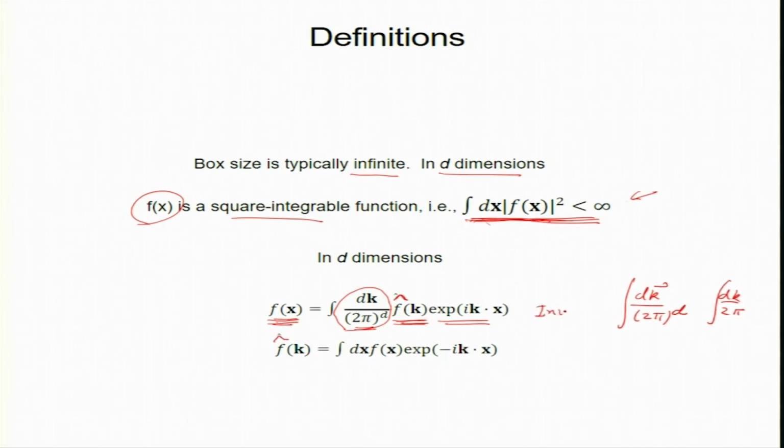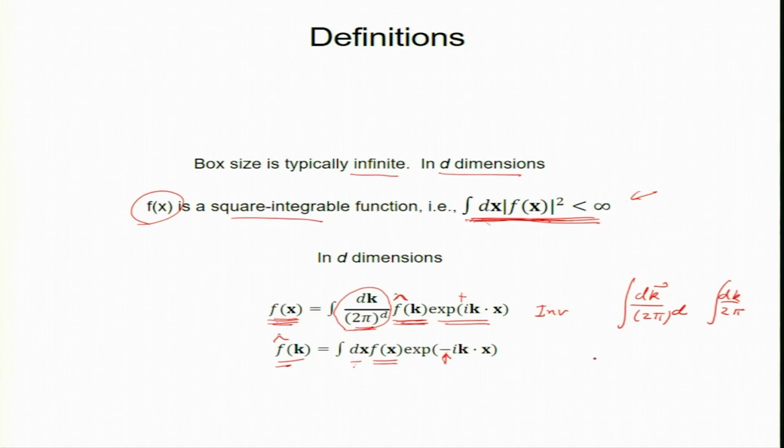Now, I can go from real space f(x) to Fourier space. So, I just have to do the integral dx of exponential minus i k·x, please note the minus sign. So, that is the notation I will follow: f hat(k) to f(x) with a plus sign and f(x) to f hat(k) with a minus sign, okay. That is the notation we will follow in this course. There is no 2 pi division here, okay.